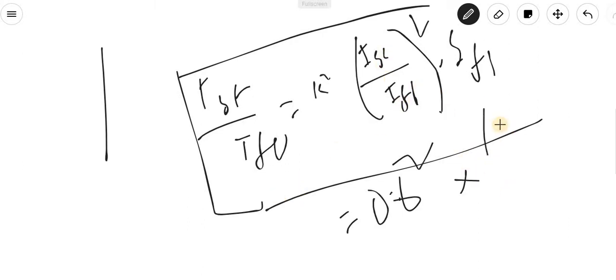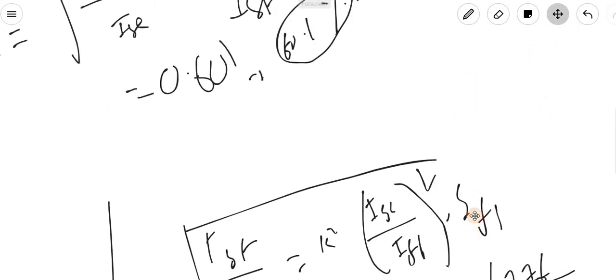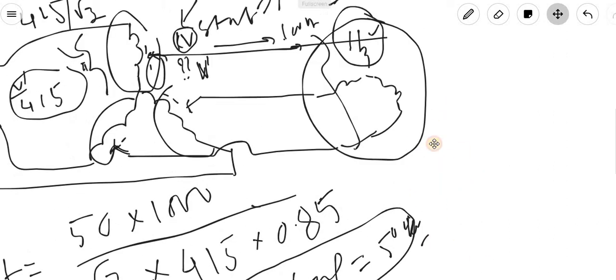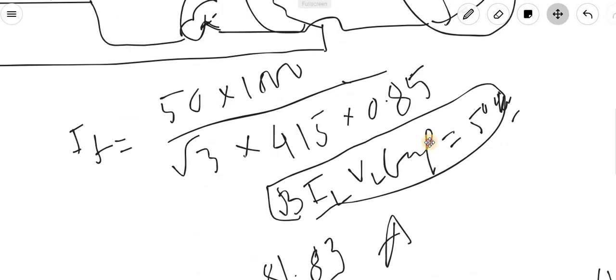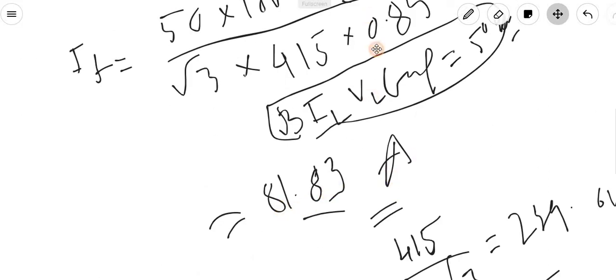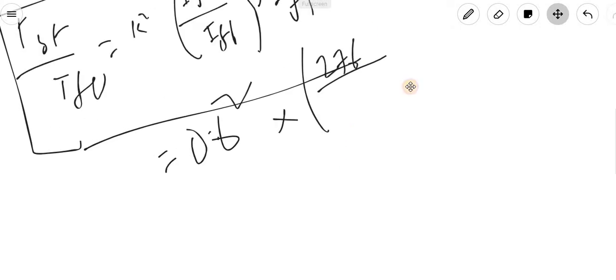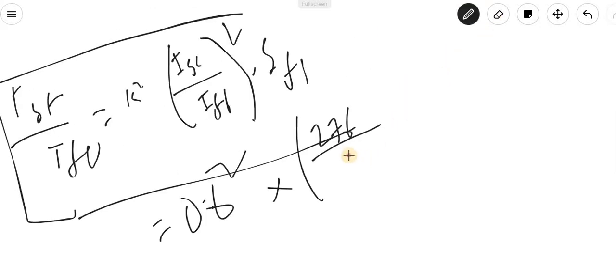ISC is 276, and IFL, the full load current, how much did we get? Full load current is 81.83.